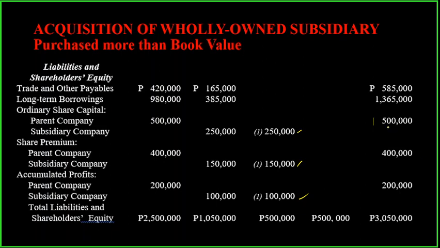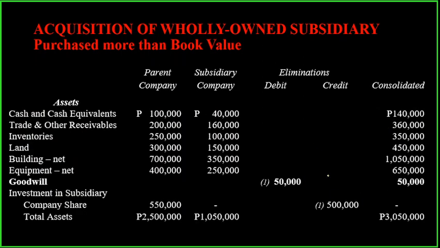Okay, and then you will now have a credit to 550,000. So this should be 550 and 550,000. O, di ba? 550 initially debited in the books of the parent. Now in the working paper, you also have to credit that at 550 para maging 0 po ito.